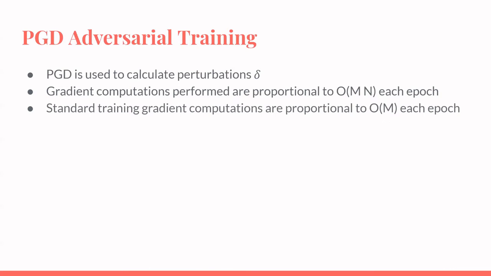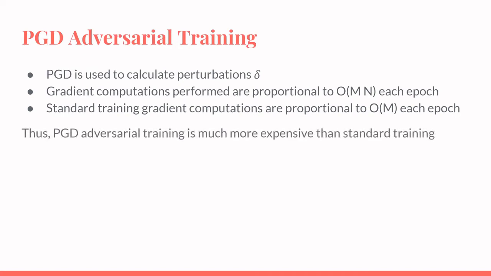As a comparison, standard gradient computations are proportional to O(M) each epoch, where M, by the way, is the size of the data set, and N is the number of steps. And so, thus, PGD adversarial training is much more expensive than standard training. One is an O(M) complexity, another one is an O(MN) complexity.